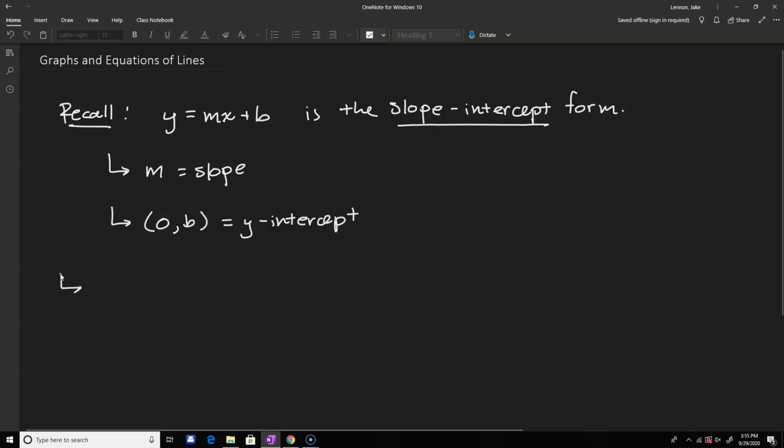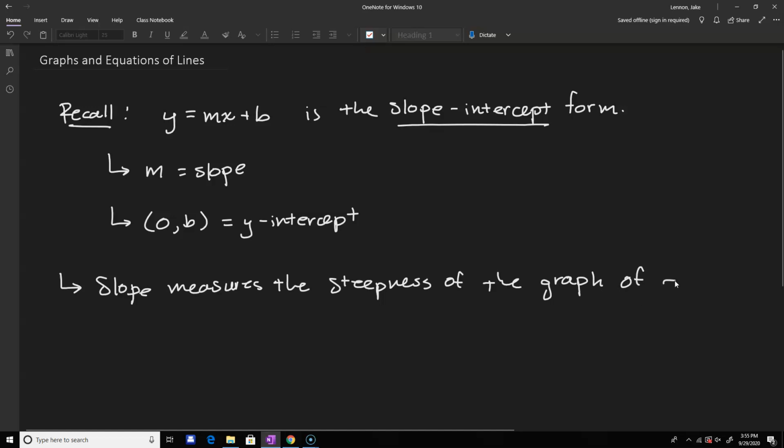So again, slope measures the steepness of the graph of a line, and can be found using any 2 points on the line. 2 distinct points, that is.